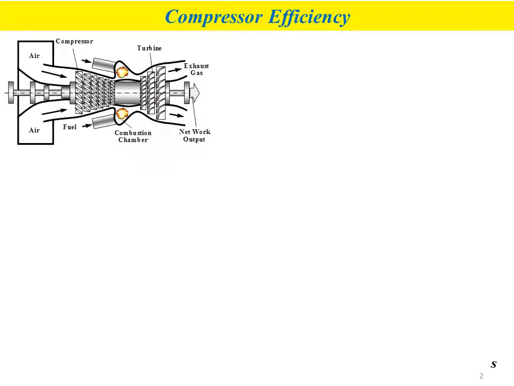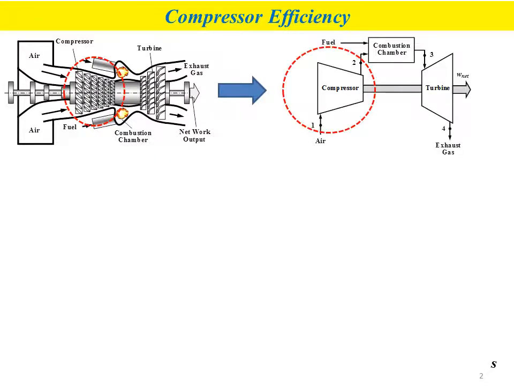So this figure shows the cross-section drawing of a gas turbine engine, where our focus now is the compressor. If we redraw a more simplified schematic diagram, you will get the second figure, where we can see the inlet condition for the compressor is at state number 1, and the outlet condition at state number 2.